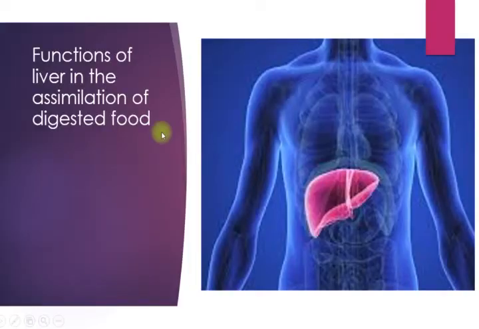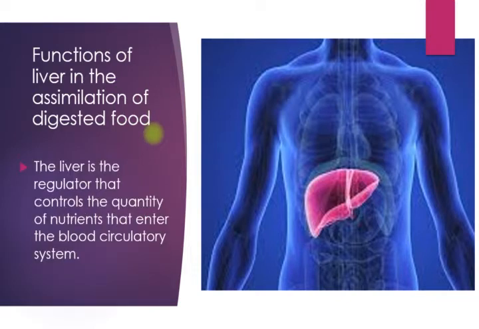Now, what happened to the nutrients as they enter into the liver? Let's discuss the functions of the liver in the assimilation of the digested food. You have to know that the liver is the regulator that controls the quantity of the nutrients that enter the blood circulatory system.